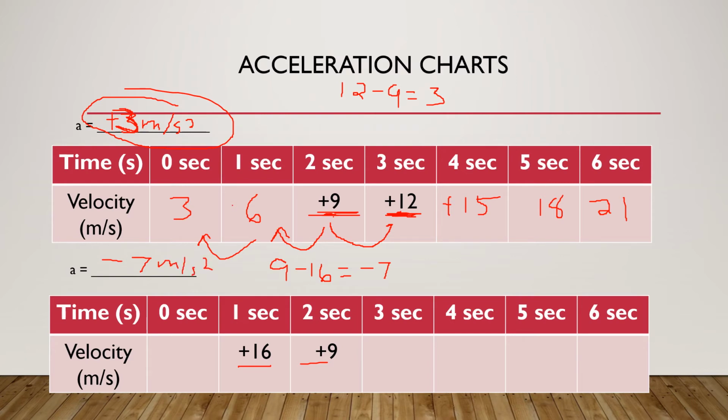So I'm going to just keep going, -7. 9 minus 7 is 2, -7, -5, -7, -7. That's it. That's all you do. And then I get this last box, +7, because when you go backwards, you use the opposite sign. So you subtract the left number from the right number when they're right next to each other.